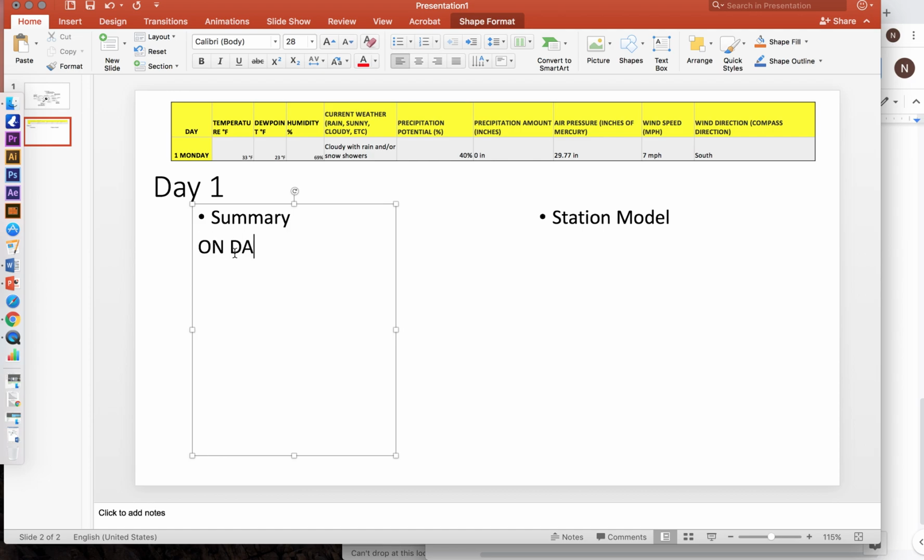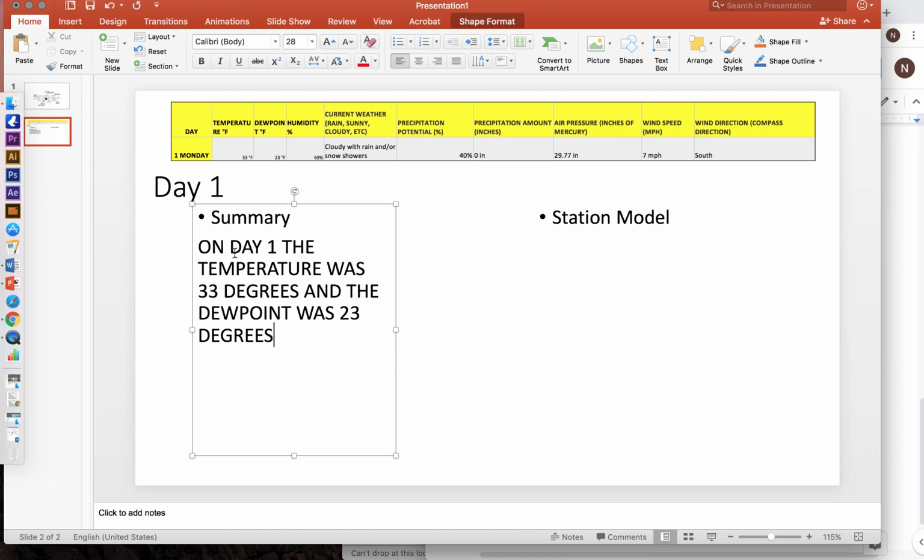So on day 1, the temperature was 33 degrees and the dew point was 23 degrees with a humidity of 69%. It was cloudy with rain and snow showers.